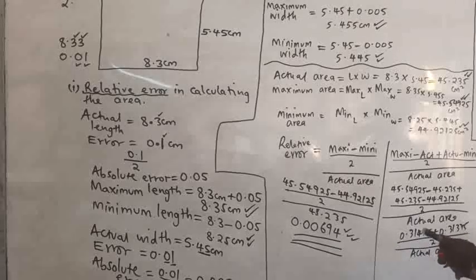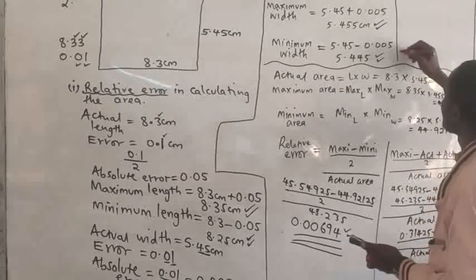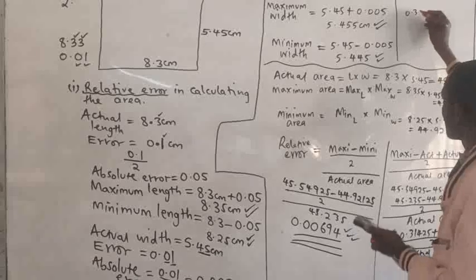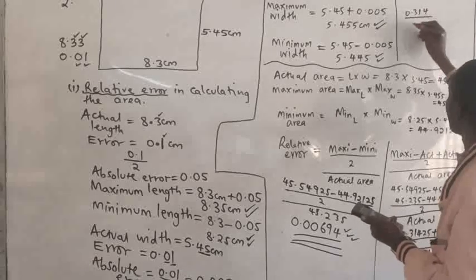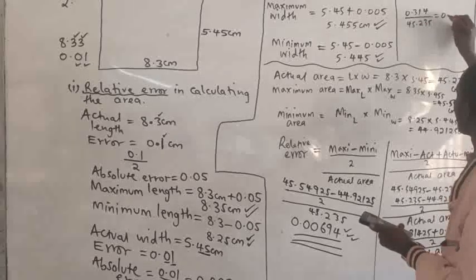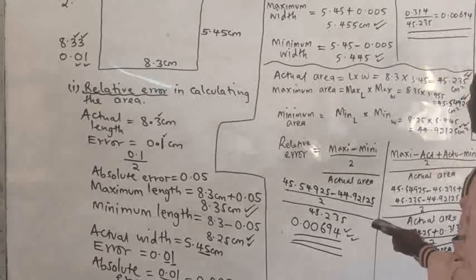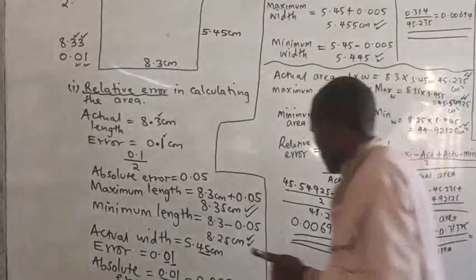The sum divided by 2 gives us about 0.314, divided by 45.235. This still gives you the same answer, 0.00694. So whichever way you want to do it, you still get the same answer.